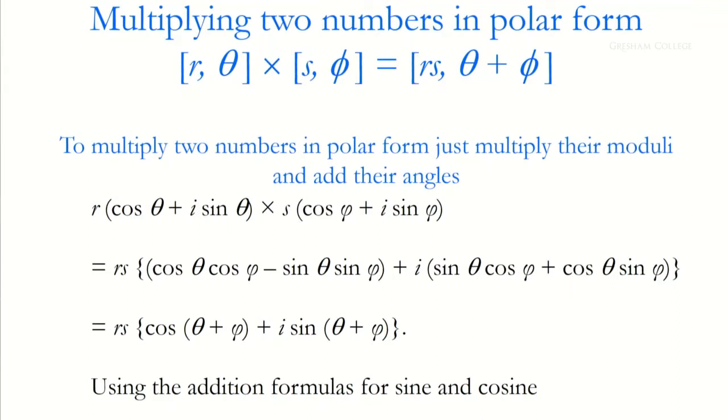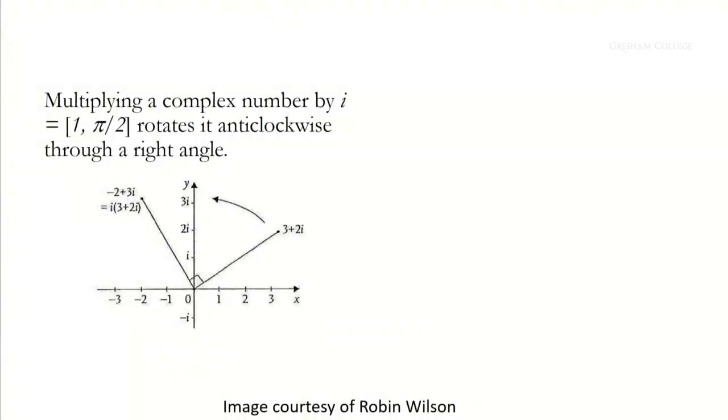And just to give you an example here as to what this means geometrically. What I'm going to do is to multiply a complex number 3 plus 2i by the complex number i. Well, the complex number i, written in polar form, is 1 unit away from the origin, and the angle that it's making is 90 degrees, pi over 2.